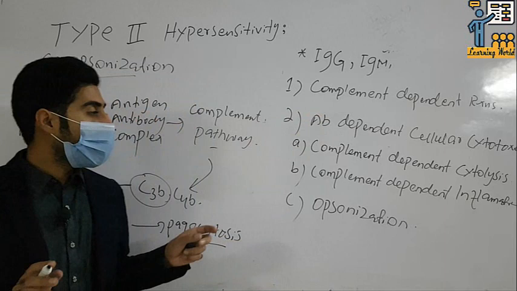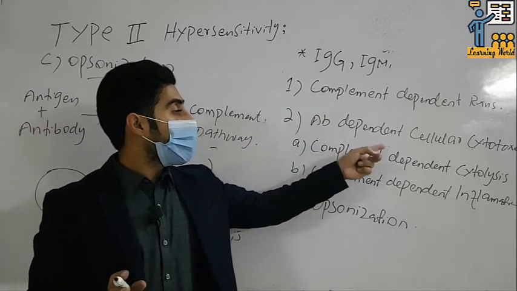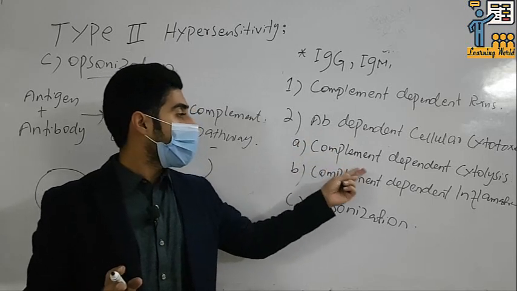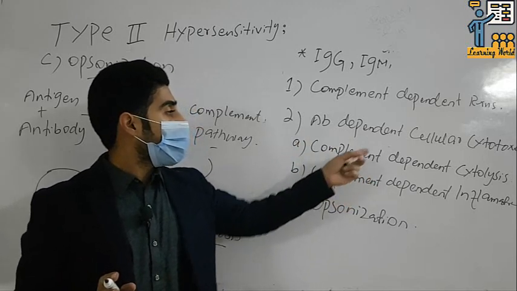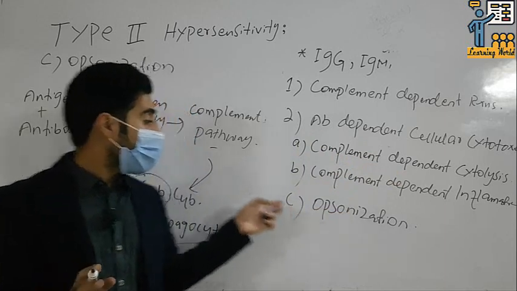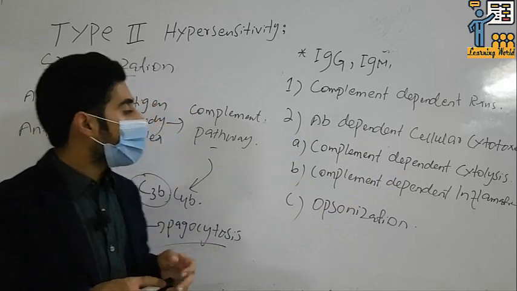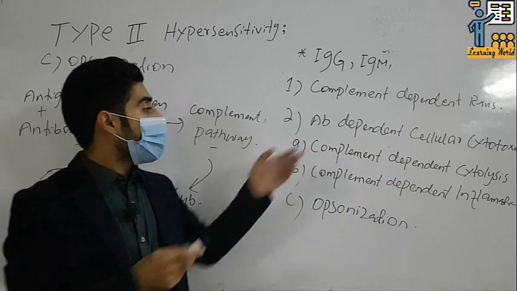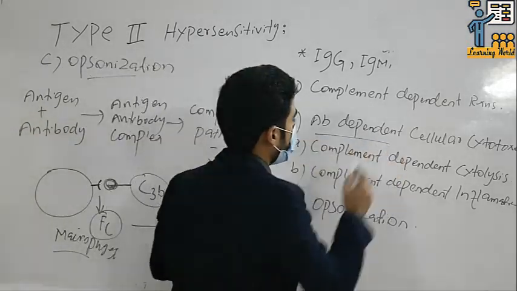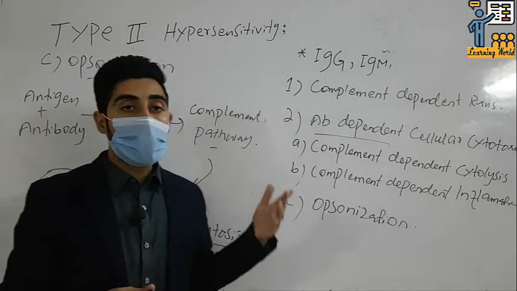In complement dependent reaction, there are three types of reaction that occur: complement dependent cytolysis, complement dependent inflammation, and opsonization. Next we will talk about the antibody dependent cellular cytotoxicity, that is what will occur inside the host cell.